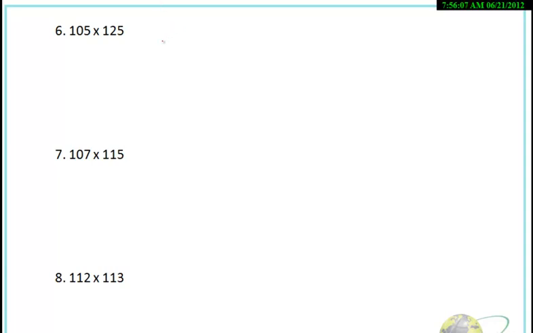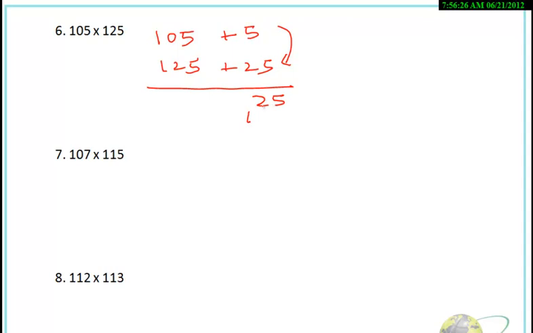Now in this case 105 into 125. So 105 is plus 5 from 100. 125 is plus 25 from 100. Now with the multiplication of 5 and 25, we will be getting 125. But we will write 25 over here and 1 will be carried over to the next calculation. 105 plus 25 is 130 and this one will give us 131.